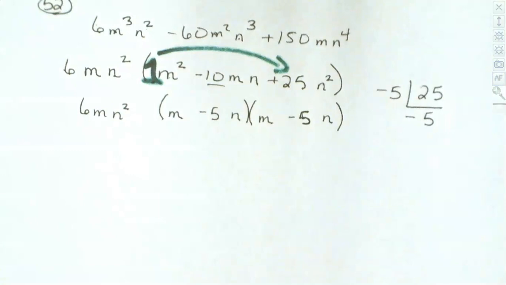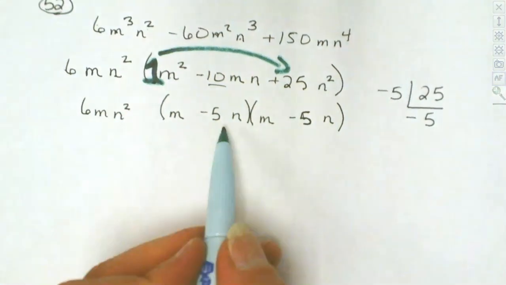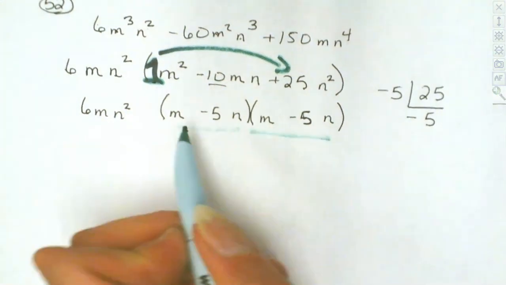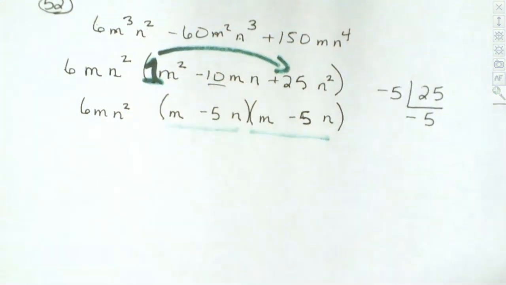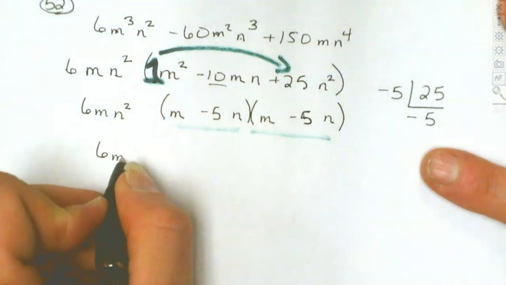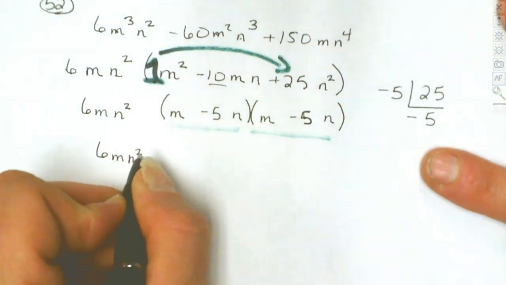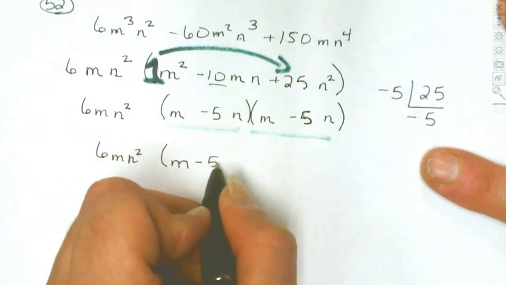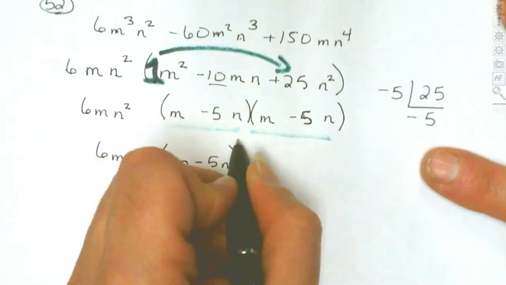Now we can do one more step on this one, because what do you notice about these? These are the what now? These are the same. So they can go together as 6m n squared times m minus 5n quantity squared.